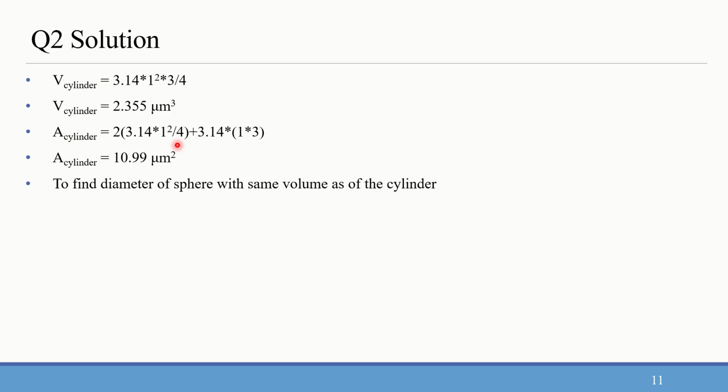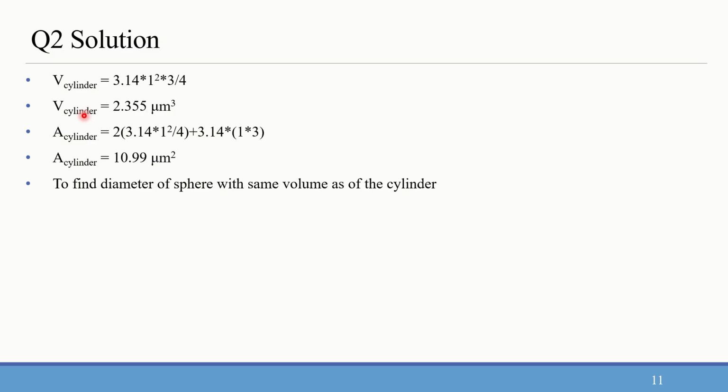And now what is the basis? Both are having the same volume. So assuming the volume of the sphere is the same as the volume of the cylinder, we need to calculate the diameter of that sphere. Are you getting my point, what I'm trying to say? The basis is that the cylinder and sphere should have the same volume, so that we can divide the surface area of the sphere by the surface area of the cylinder.